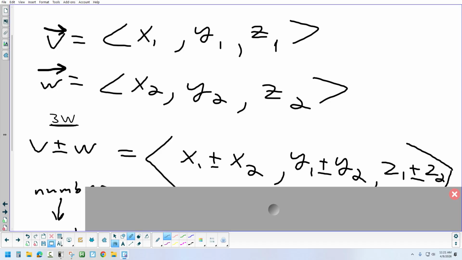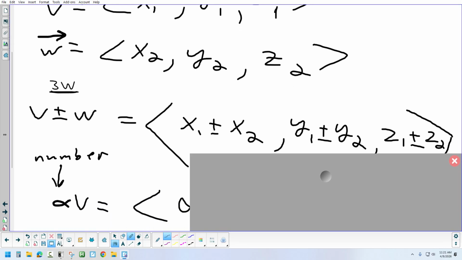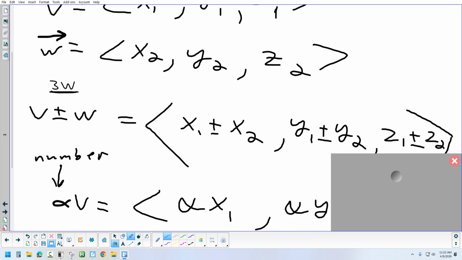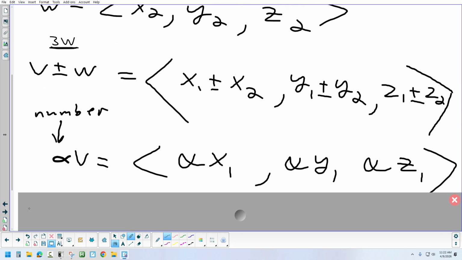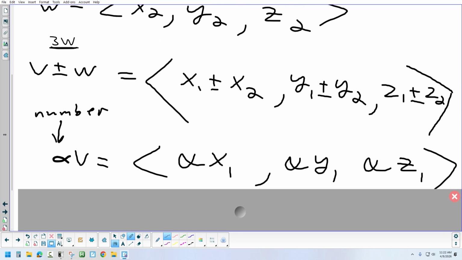When we do it in 2D, I told you to think of it like a distributive property. Whatever your scalar is, you distribute that number to the x component and the y component. What else are we going to have to do now in 3D? Yep. You have to apply to the z. We're going to have to distribute it to the z component. So whatever number is in front of your vector, you're going to multiply that number out to each component.